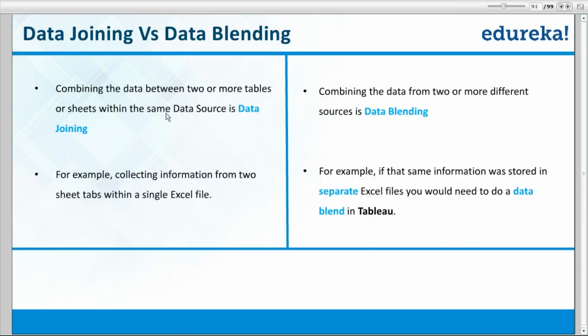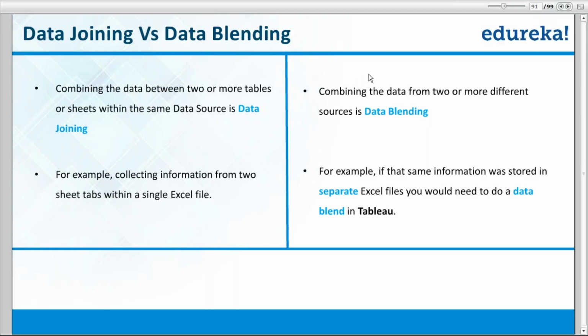So the main difference between data blending and data joining: combining data between two or more tables or sheets within the same data source is data joining. For example, collecting information from two sheets or tabs within a single Excel file. Combining data from two or more different databases or different sources is data blending.